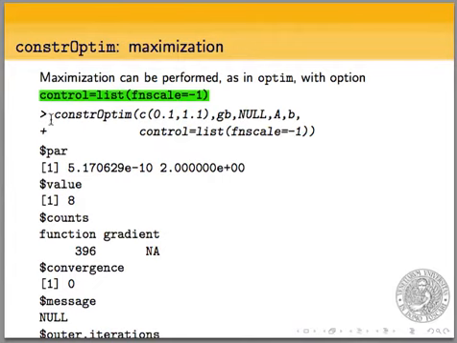And indeed, this is an example of what you get if you maximize. So I'm typing exactly what I typed before, constrOptim starting from a feasible point. I am maximizing the function g, no gradient, so I write NULL, using the matrix A and the vector b that were previously defined.